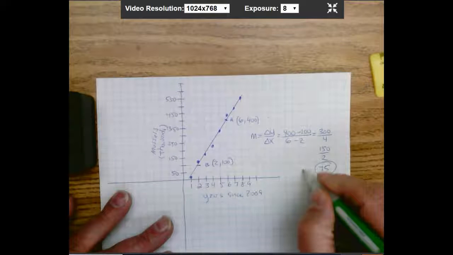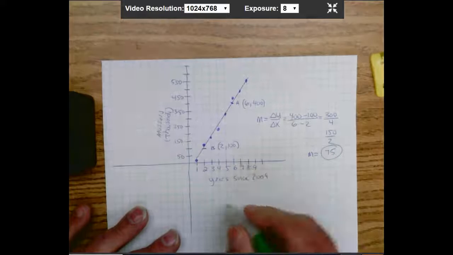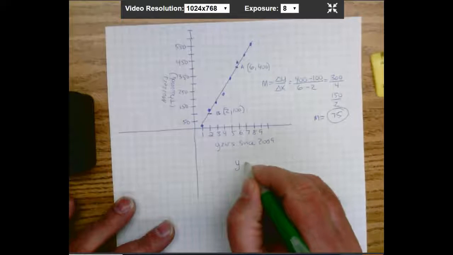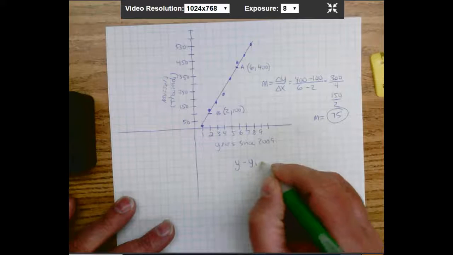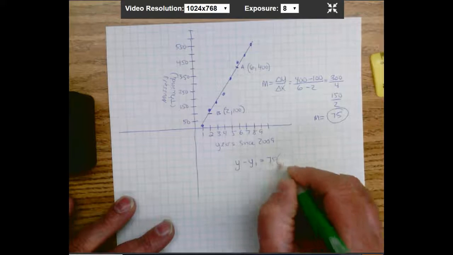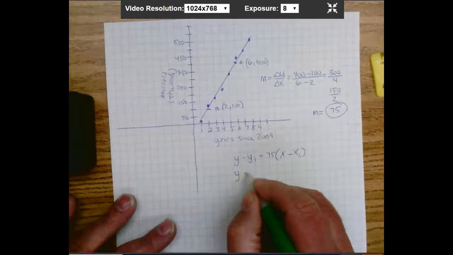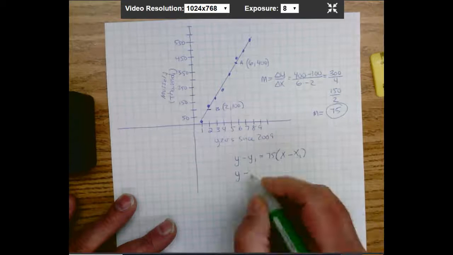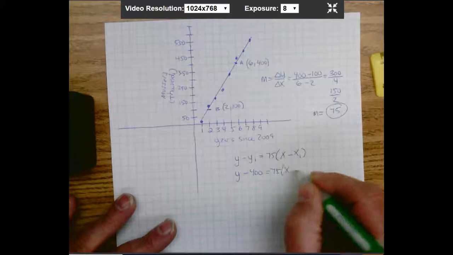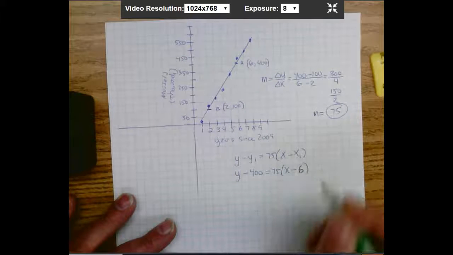So then that's m. We now have a slope, and we even have points. So we can then take our slope-intercept form, or point-slope form, y minus y1 equals m, and we'll just call it 75, times x minus x1, okay, and we'll plug in. So y minus, we'll just use this point over here, 400 equals 75 times x minus, we're going to get that point 6, I'm sorry, not 600, 6.